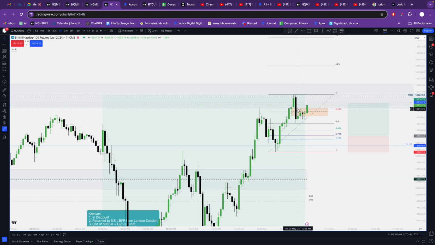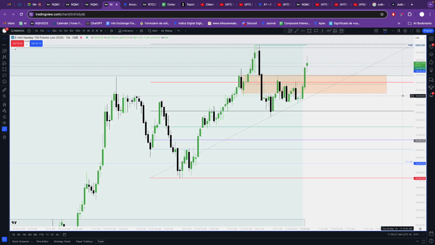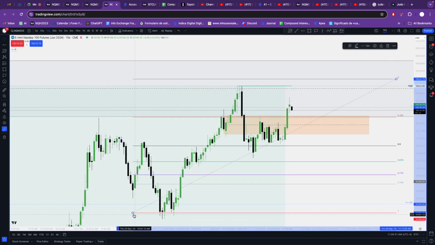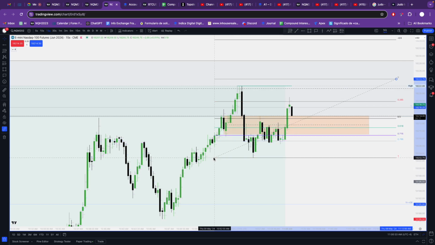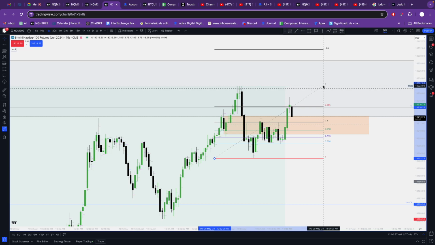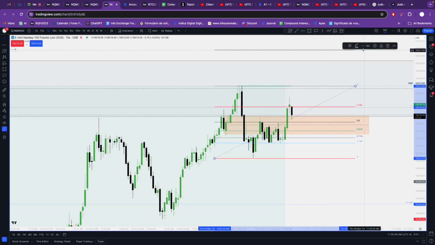Look at this fair value gap here. It looks like we're gonna get a body over it. So we're also stuck within the range here on the 15 second. Let's take a look at that. We know everything we need to know about this Fibonacci. Here it is here.